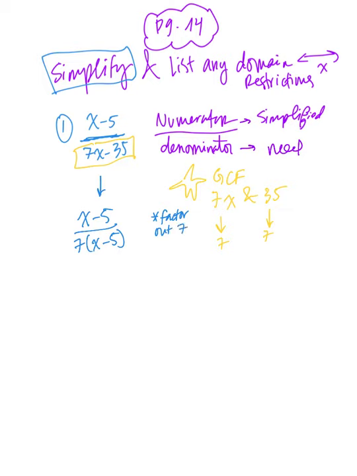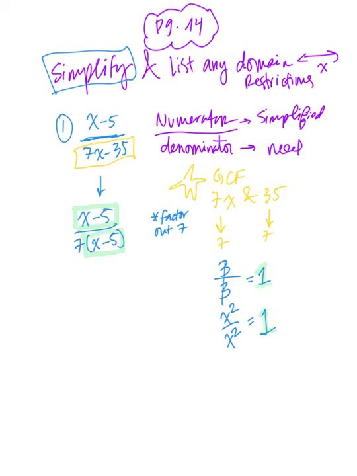A number divided by itself, like 3 divided by 3, equals 1. X squared divided by x squared equals 1. So this quantity, x minus 5, divided by x minus 5, is the number 1.